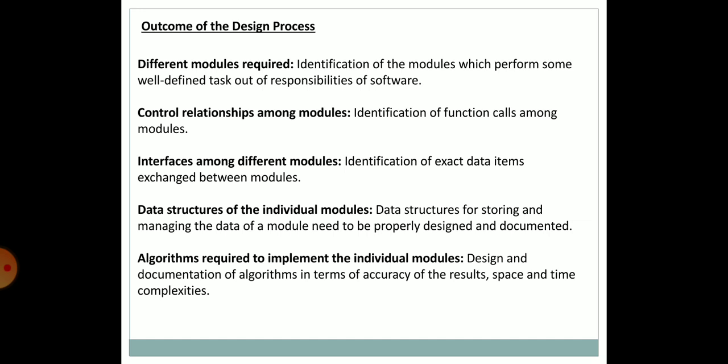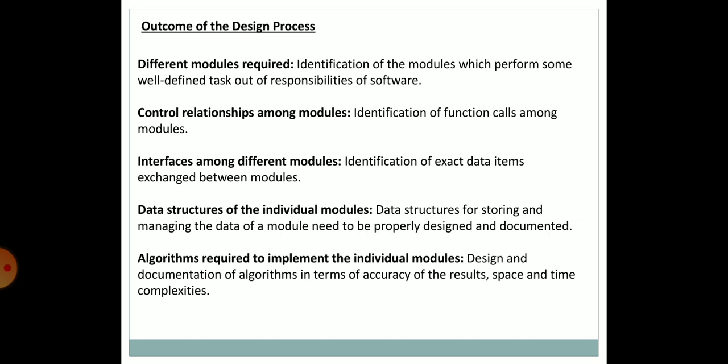So the interface between two modules identifies the exact data that is exchanged between the two modules. When one module invokes a function of the other module, there must be some sort of data exchange between the different modules or functions. So this exchange of data items must be identified in the design process.